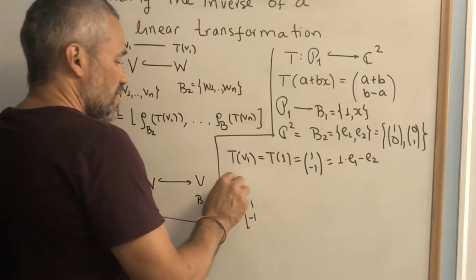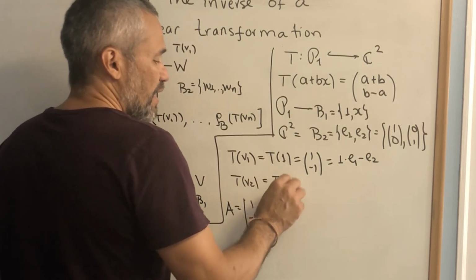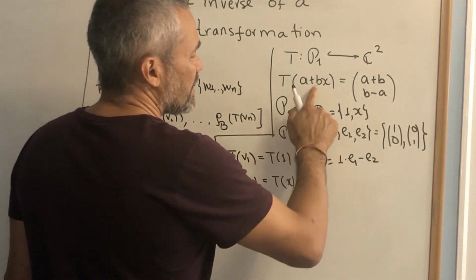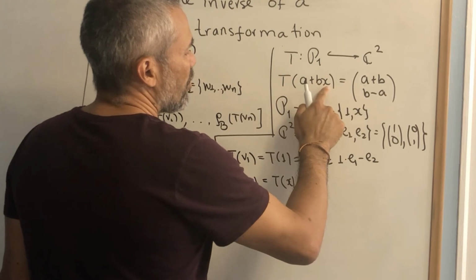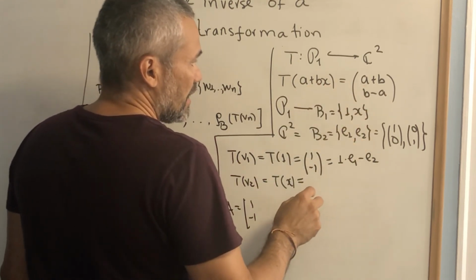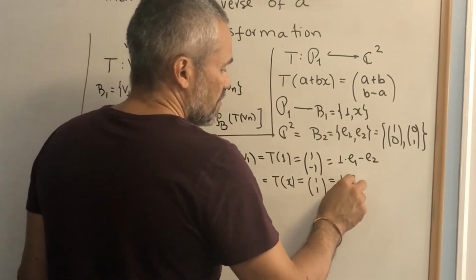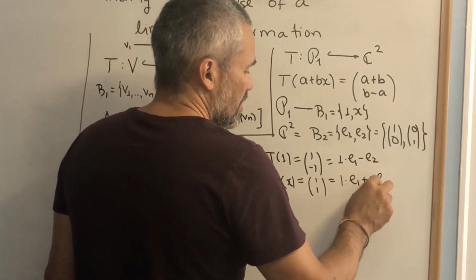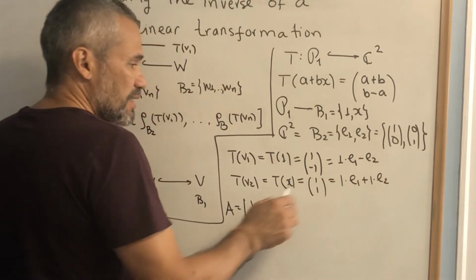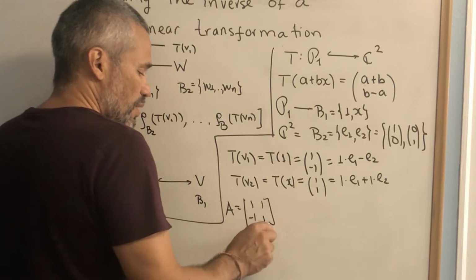T of V2 is just T of X, and for the polynomial X, A is 0, B is 1, then you get the vector 1, 1, and this is just 1 times E1 plus 1 times E2, and then the weights, which is the second column here, is just 1, 1.